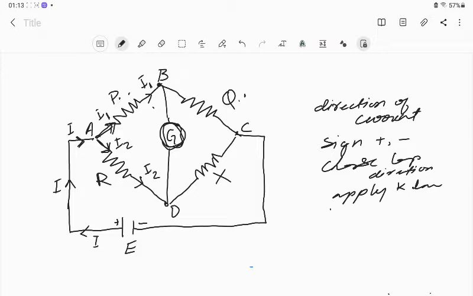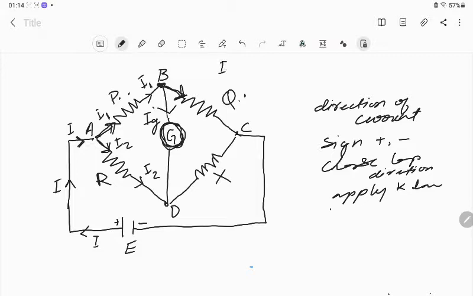Now at point B, this current I1 will divide into two parts. One will go in this side, and the other will go in this side. Since the galvanometer is here, let's say the current passing through this galvanometer is Ig. If this is Ig, then this side must be how much?